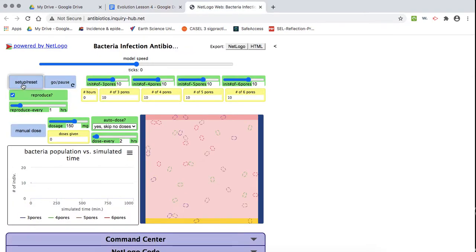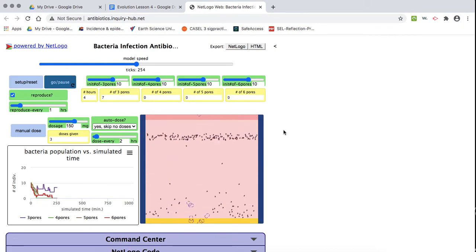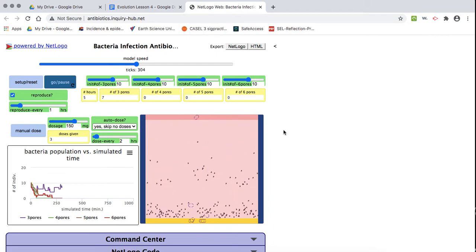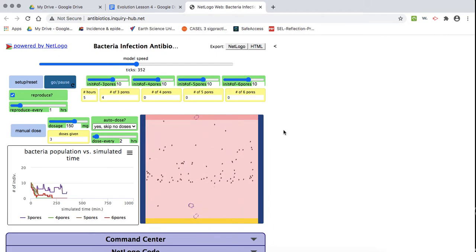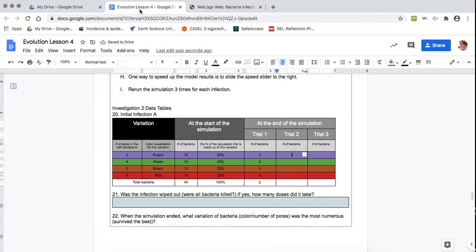Let's try again. Once again, it seems like the purple is hanging on the best. We've given 2 doses, now 3 doses. Okay, there we go. So it took about 4 doses. And once again, the purple survived the longest, but we still have no bacteria at the end.